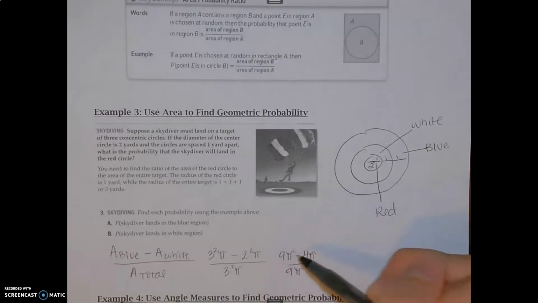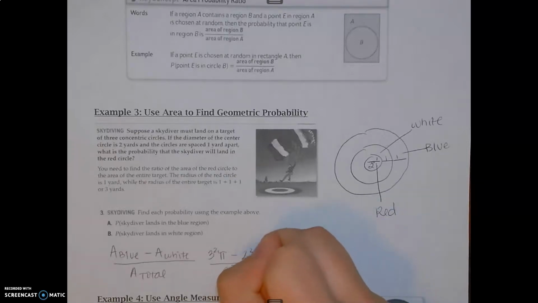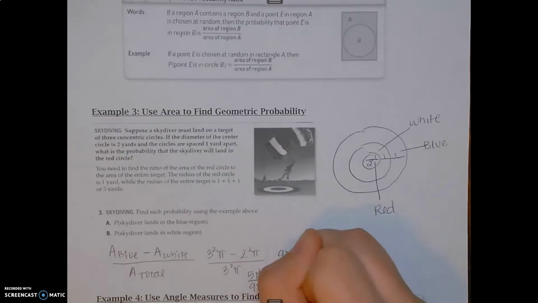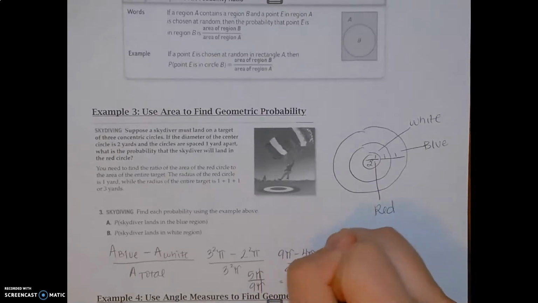Well, up at the top, these are like terms, essentially. So 9 pi minus 4 pi gives us a value of 5 pi divided by 9 pi. Since anything divided by itself is 1, we can simplify the pi's, which leaves us a probability of 5/9, which is approximately 56%.